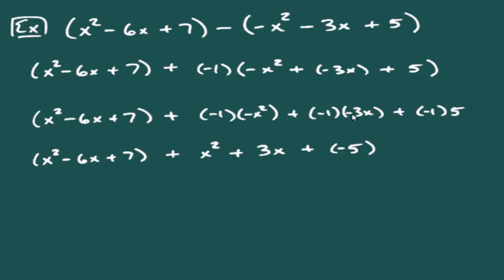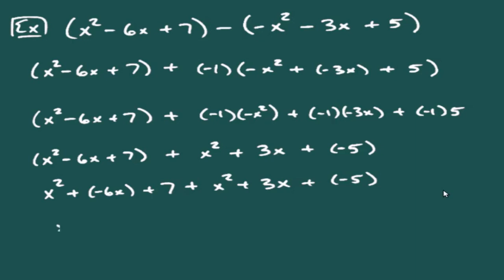Negative 1 times negative 3 gives us a positive, so a plus 3x, plus a negative 1 times 5 gives us a negative 5. And so if we get rid of the subtraction abbreviation in the first polynomial, now we've got our x squared plus a negative 6x plus 7, plus our x squared plus 3x plus our negative 5.